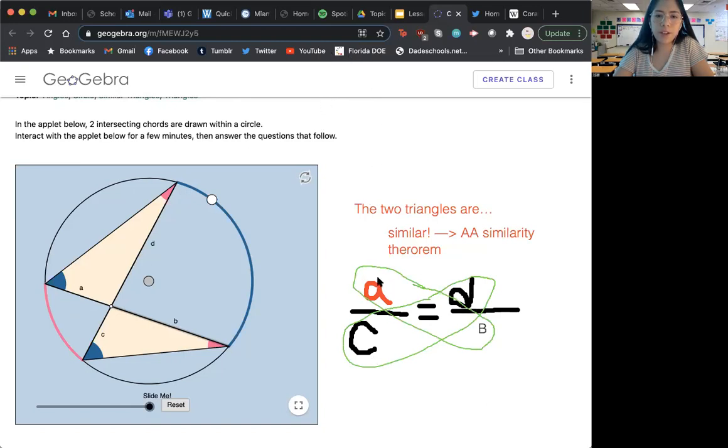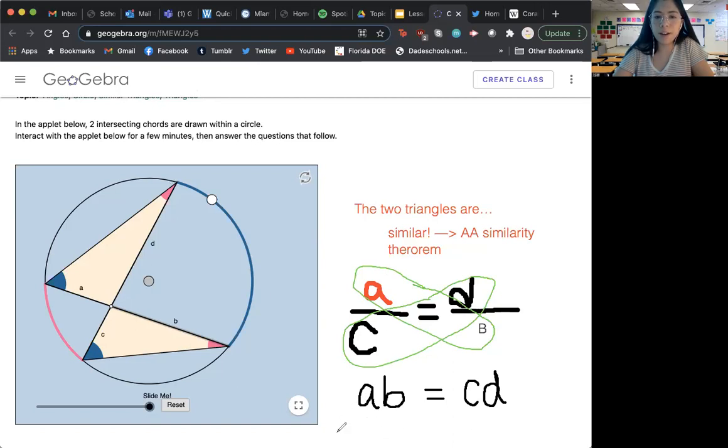Cross multiplication, A times B, I get AB is equal to CD. And what do you know? A times B is equal to C times D.